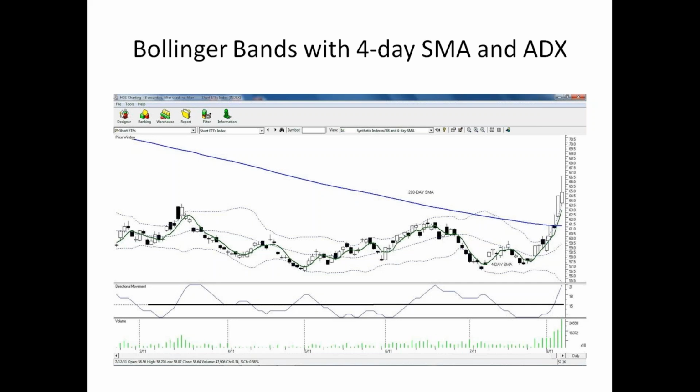Strength, not direction. If you remember your algebra from high school, you remember the concept of absolute numbers. If you have, and it's those two forward slash signs, if you have +5 and -5, both as an absolute number, they both have a value of 5.